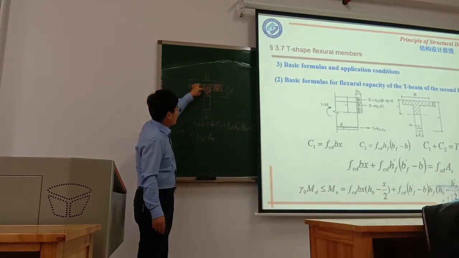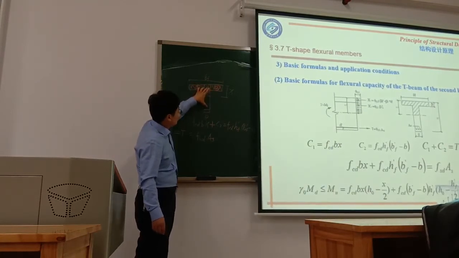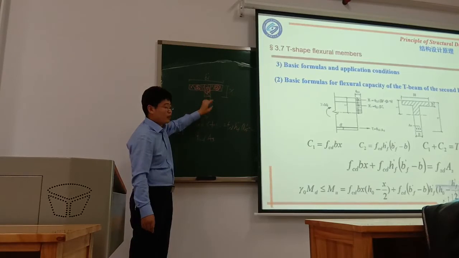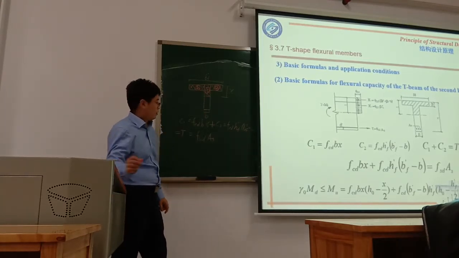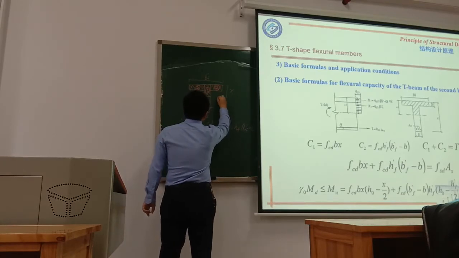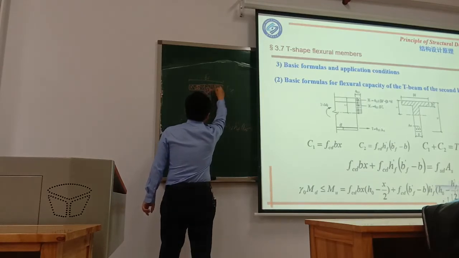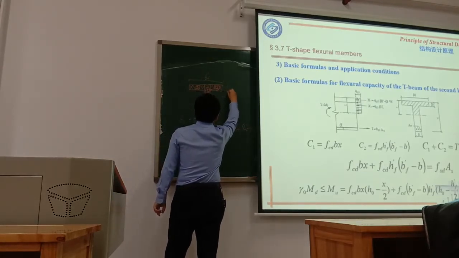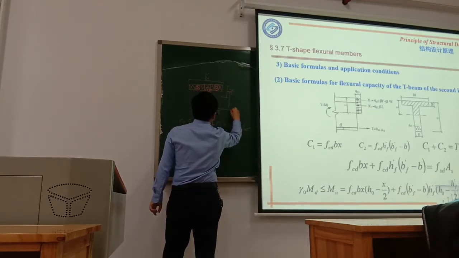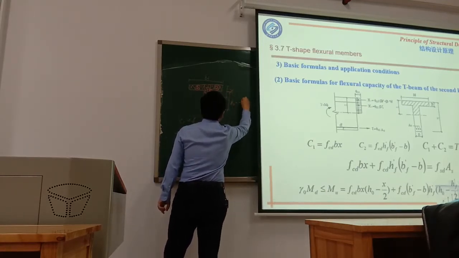Because the arm of this part is from here to the tension part, the AS. And this part is half x, from here, half x to here. So the arm is H0 minus half x.